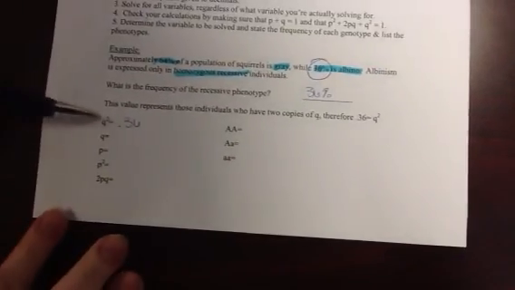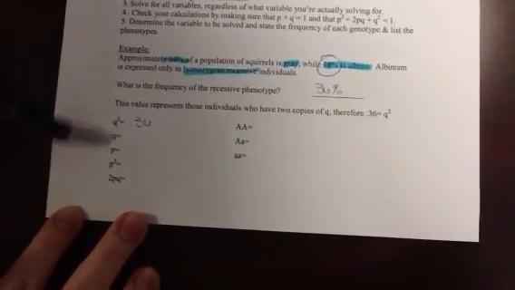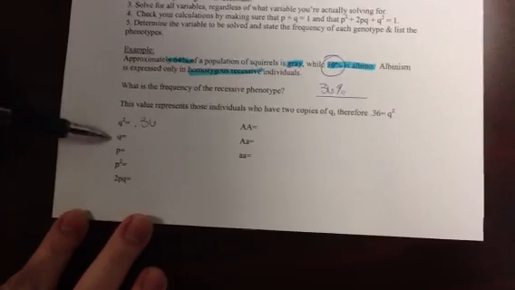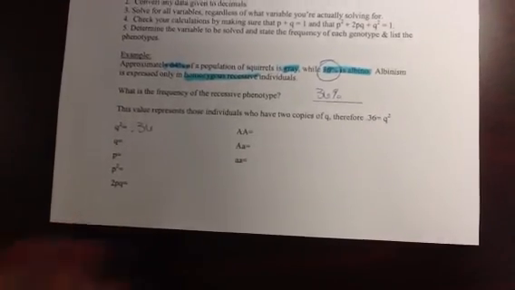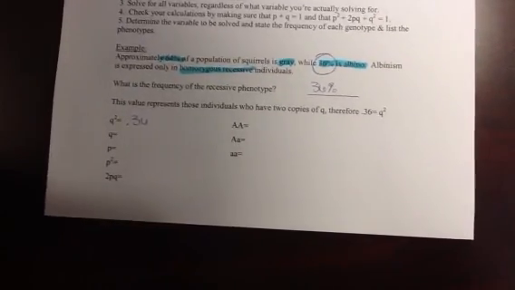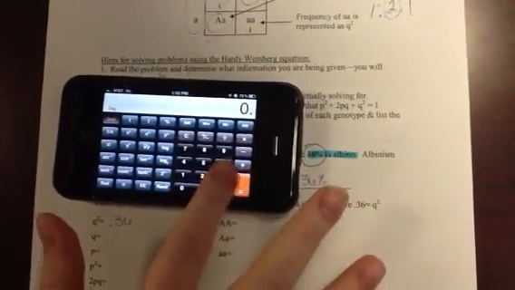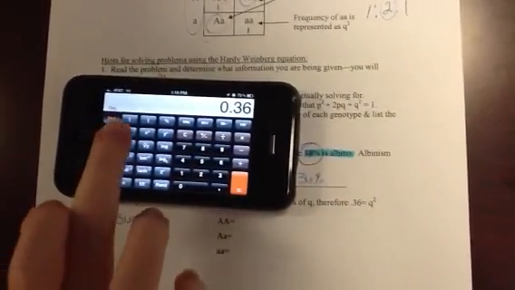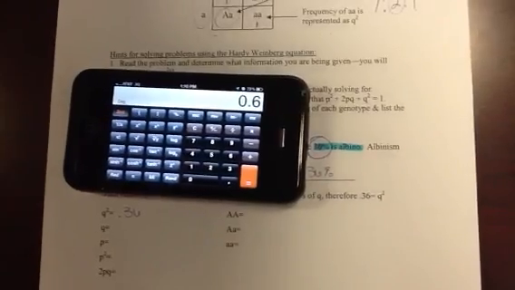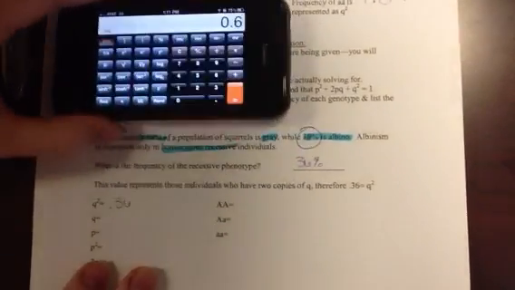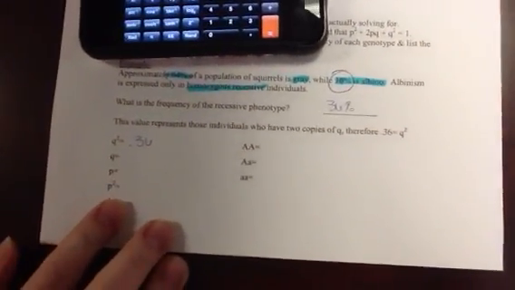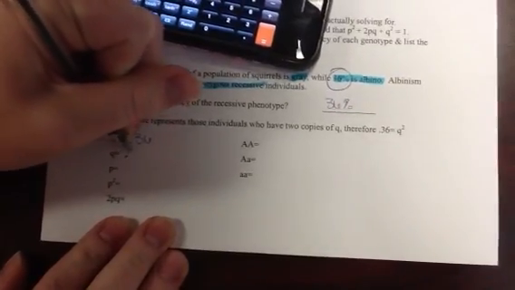Now, you are always going to work the problem in this order. Once you know your Q squared, you can very easily find your Q. So you take your calculator, and if you're working homework problems, here you go. You have 0.36. We need to find the square root of it, so you press that little button there, and you're given 0.6. So the square root of Q squared is 0.6.